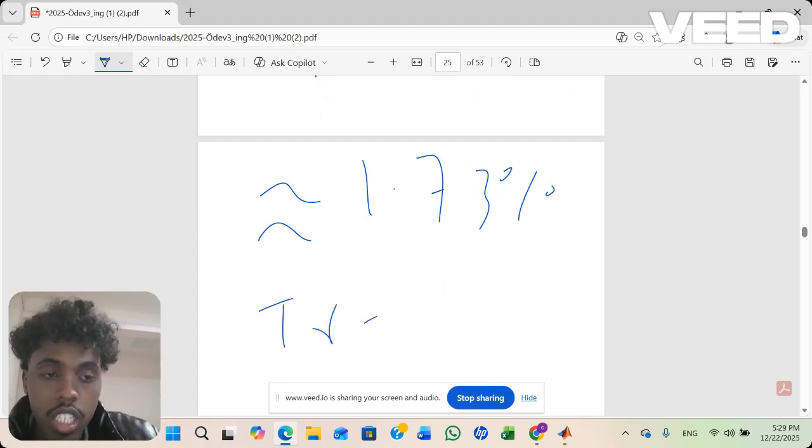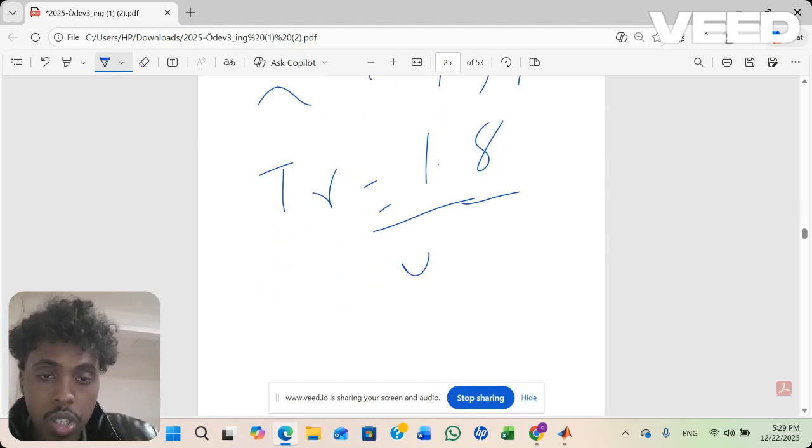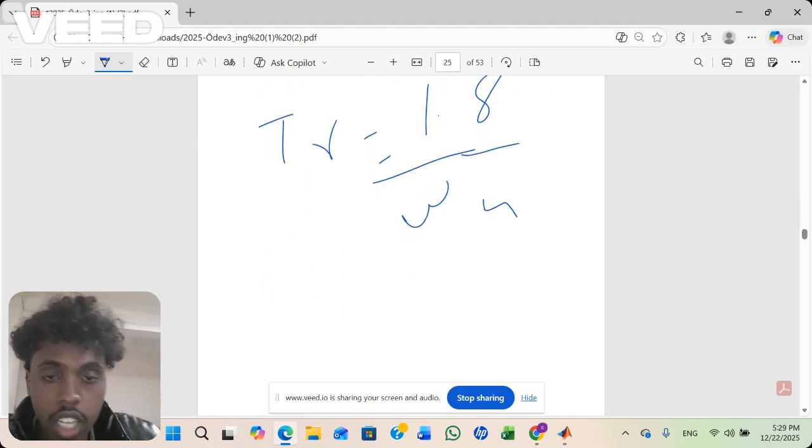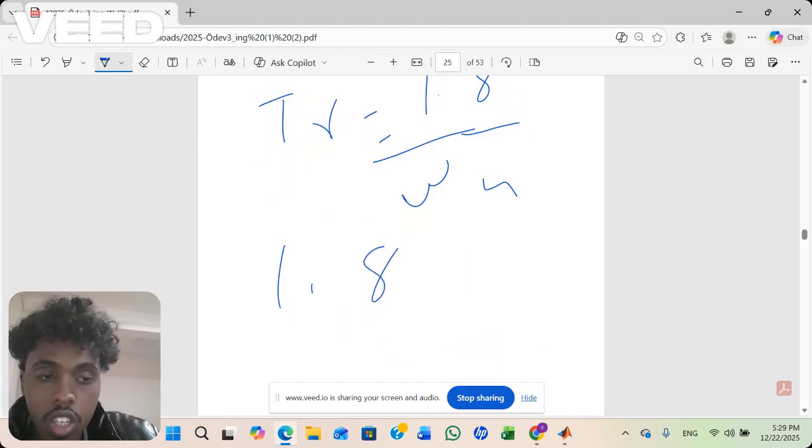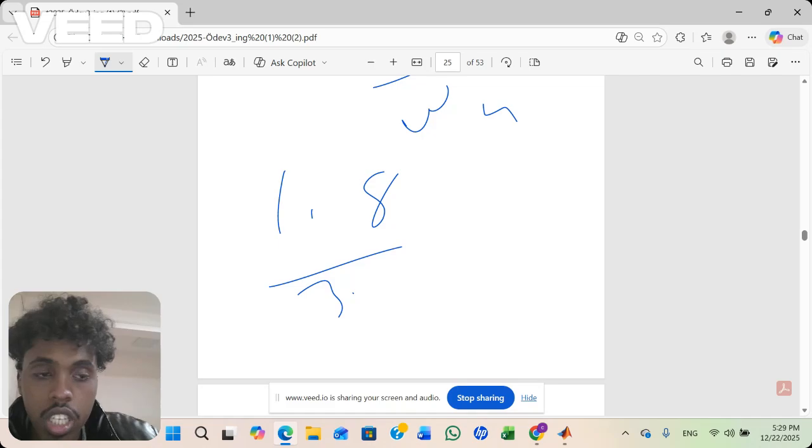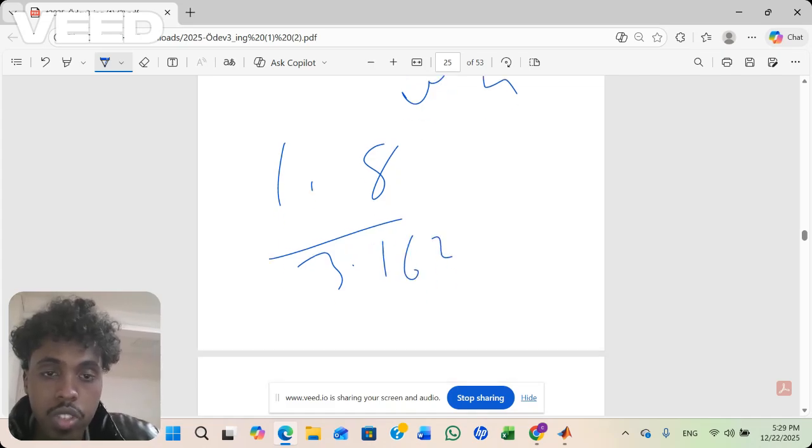So Tr is 1.8 over omega n, 1.8 over 3.162.